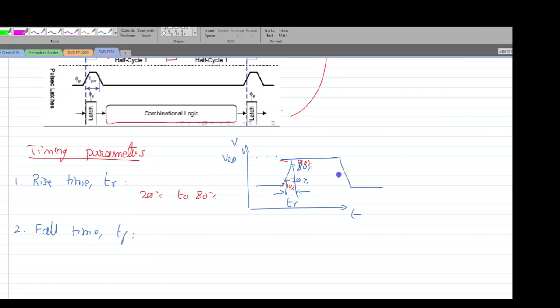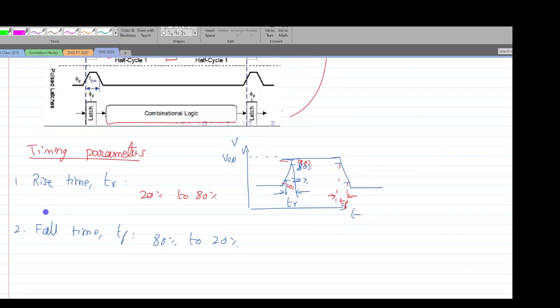Again, we will use the same definition, from 80% to 20%. How long it takes to switch from 80% of the final value to 20% of the final value, that time difference gives us the value of TF. Hope that these two definitions are well known before.